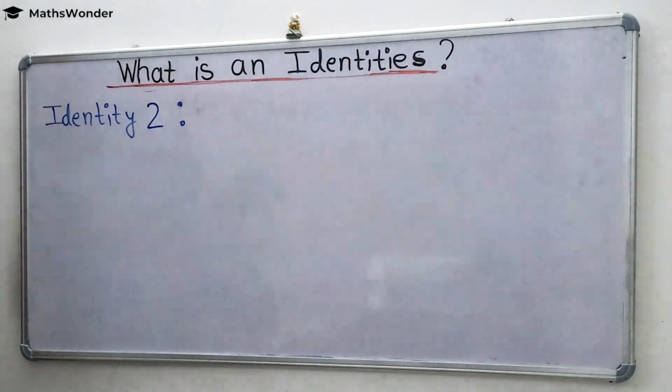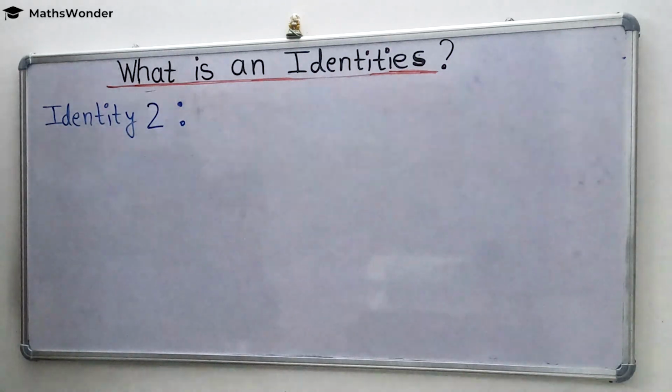Okay, so if you give any value of a or any value of b, automatically you will see the same answer on both sides. So this is the main point: because left hand side is equal to right hand side, such an equality, true for every value of the variable in it, is called an identity.